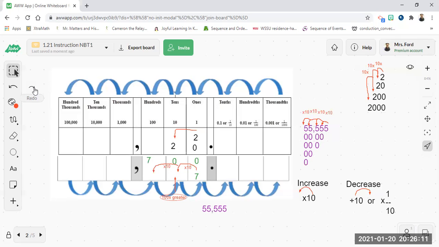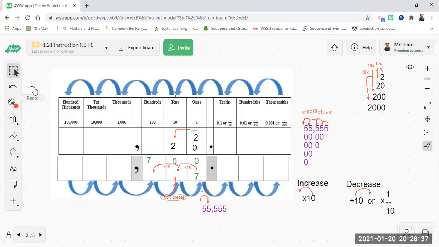So let's look at that number again, 55,555. As you can see, I'm decreasing. I'm going from a larger place to a smaller place, from 10,000s to just thousands. I'm dividing by 10. I'm multiplying by 1/10. I'm getting smaller.